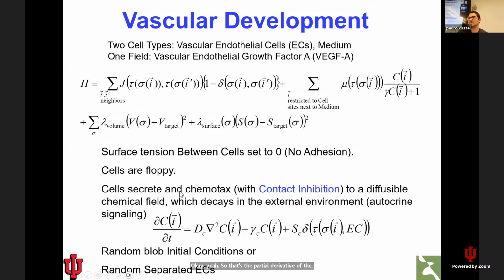Yes, C is the concentration. Secretion, yes, that's it. At every point in space where that pixel belongs to an endothelial cell, you add to the field. So the endothelial cells are producing this field.